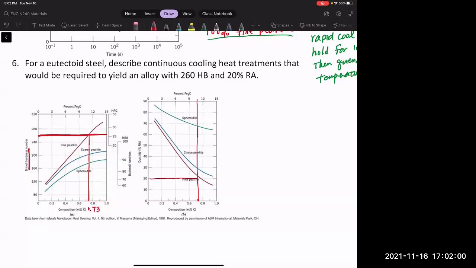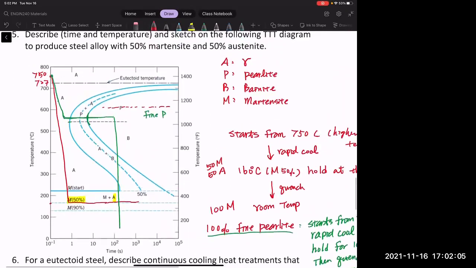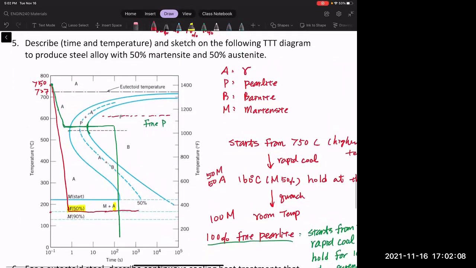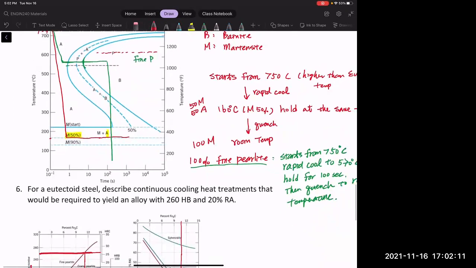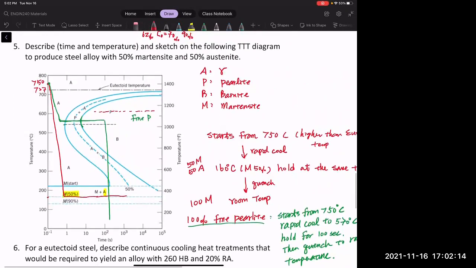Then they will give you another graph, the TTT diagram, which is this one here, to generate that kind of component. So how are you going to do it? You need to generate the fine pearlite. Looking at the graph, you start at 750, then cool to the region at a temperature above the nose, similar to the 570 that we just described.